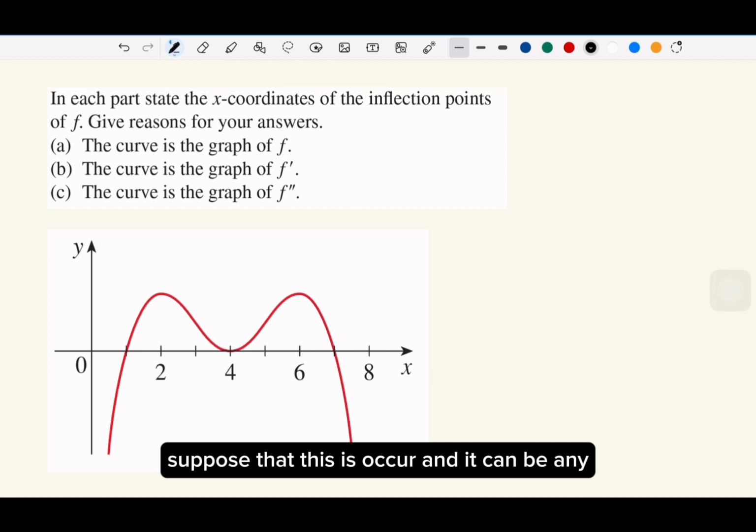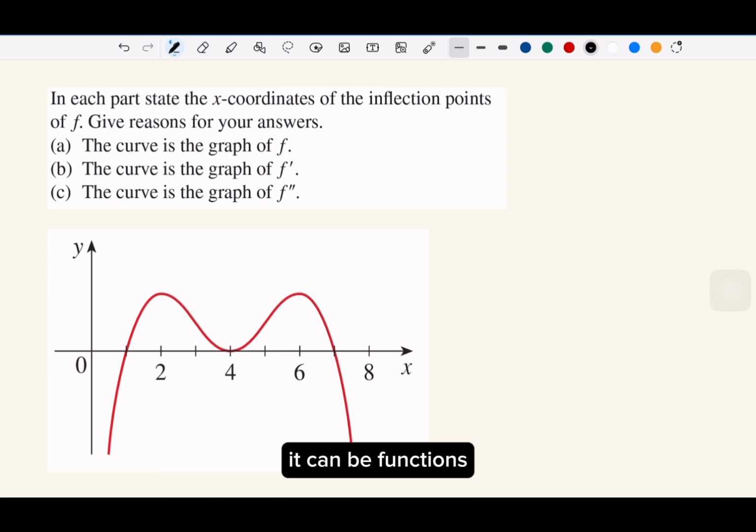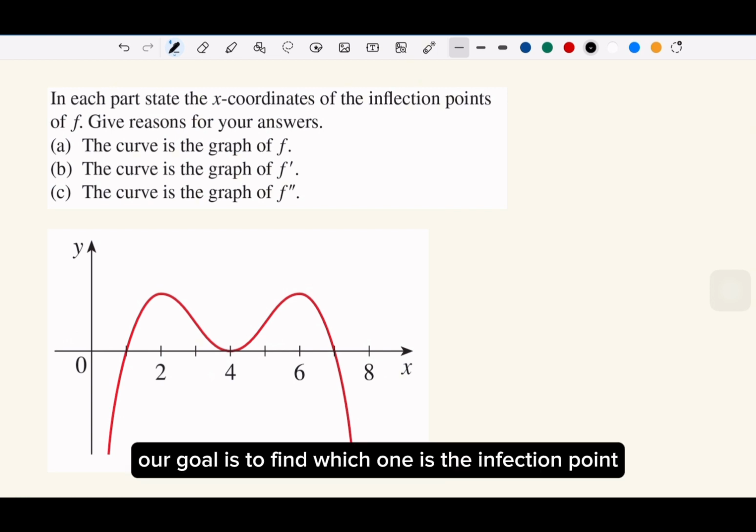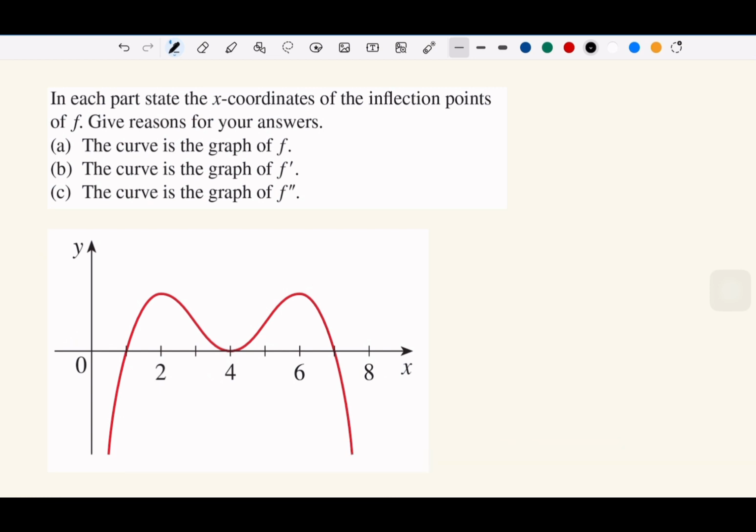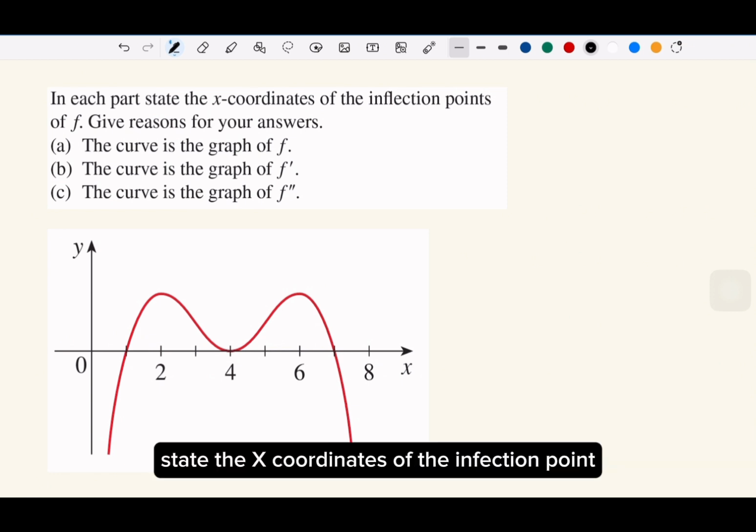Suppose that this is a curve, and it can be any. It can be the function, the first derivative, or the second derivative, depending on the question. Our goal is to find which one is the inflection point. So in each part, state the x coordinates of the inflection point. We need to state at x equal what number?